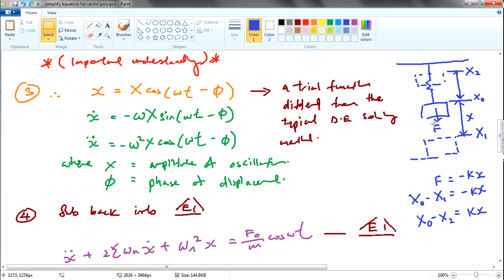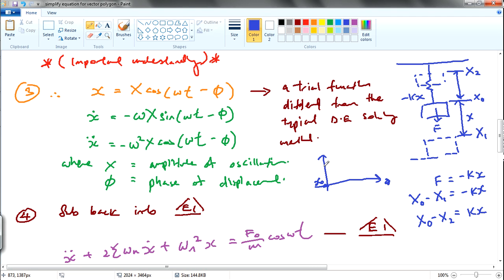When you release, the force equals the reaction force, minus kx, in the opposite direction. Let's say this is x naught, the equilibrium point, where before you pull it down, it is static.